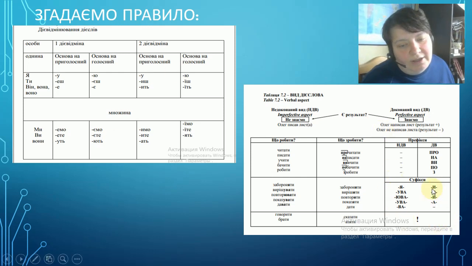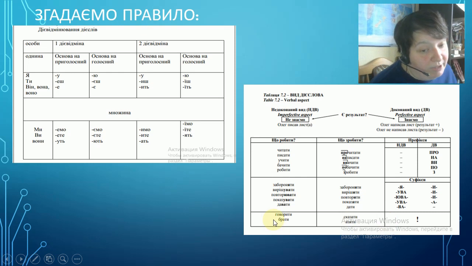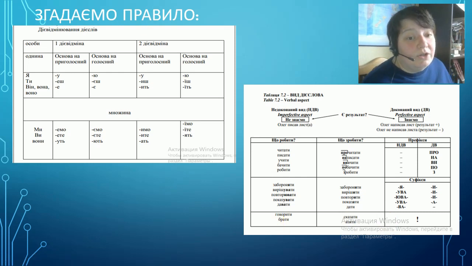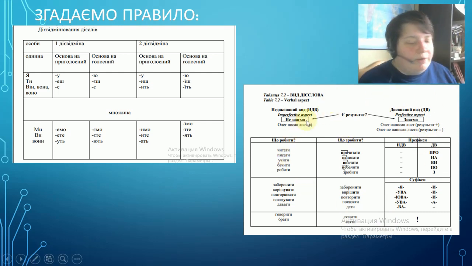So, if we see these suffixes or these prefixes, it's the perfective aspect of the verb. And some exceptions: говорити, сказати, брати, взяти. In these verbs, they change completely. To learn more and to learn all the examples, just watch my video about perfective and imperfective aspect.